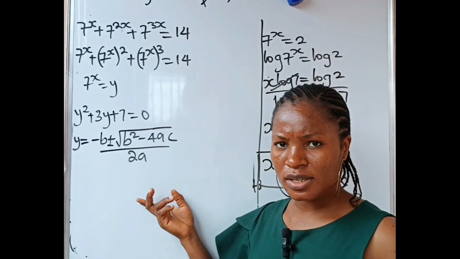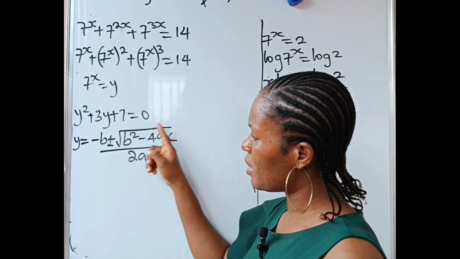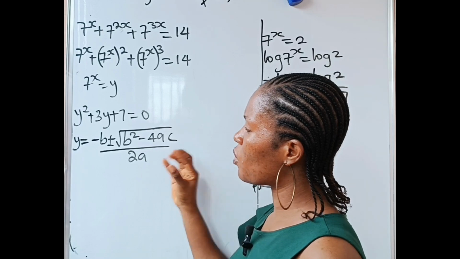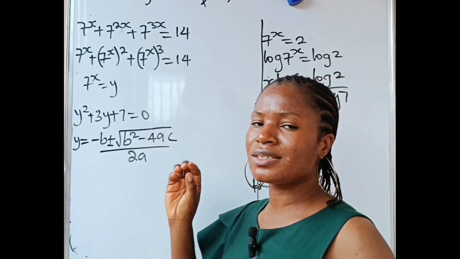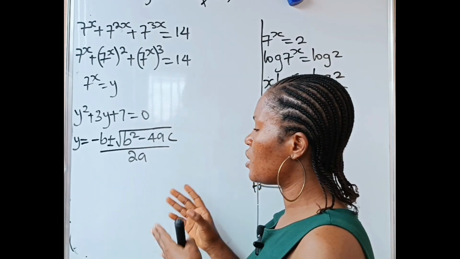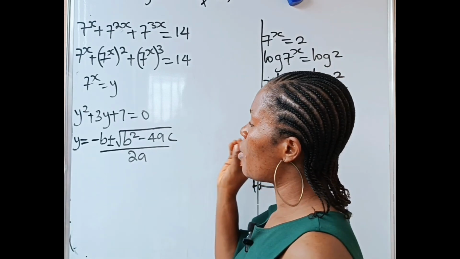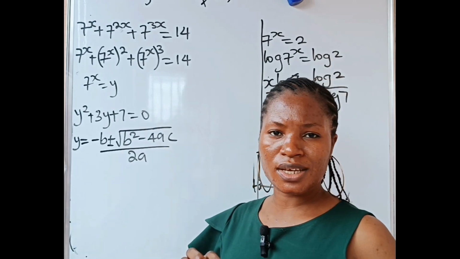But before we proceed, I would like to check the determinant to see if I'm going to get a real root or an imaginary root. If the determinant is less than 0, it's going to give an imaginary root, but if it is more than 0, then I'm going to get a real root.